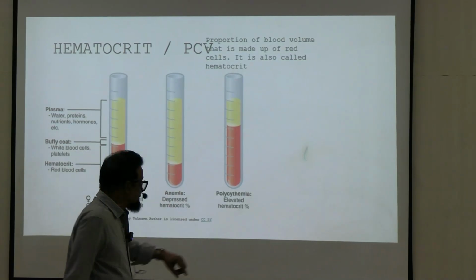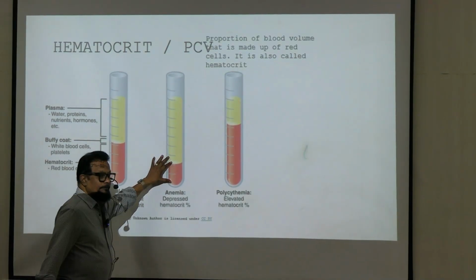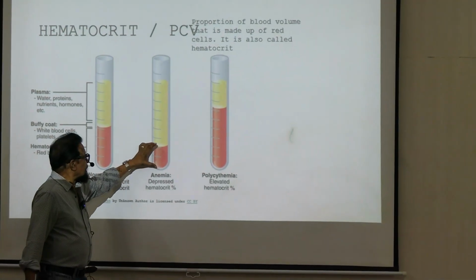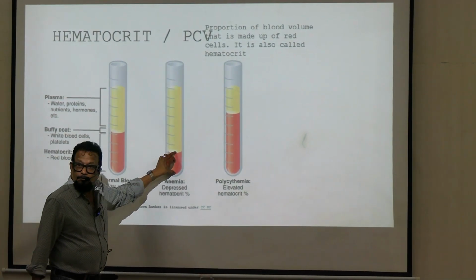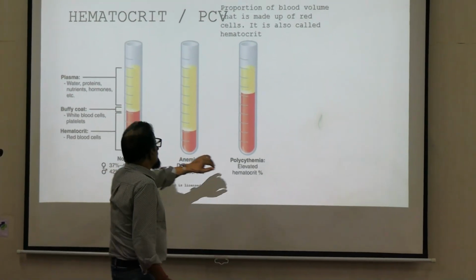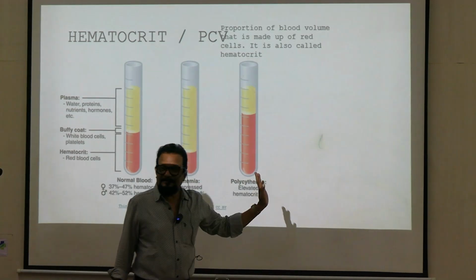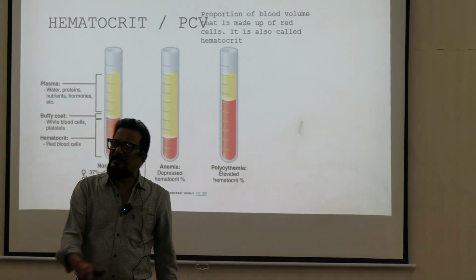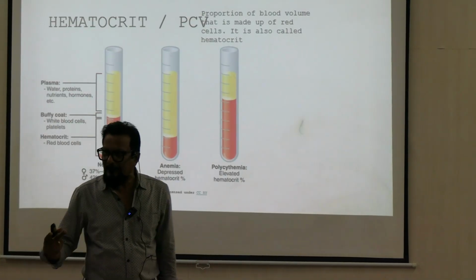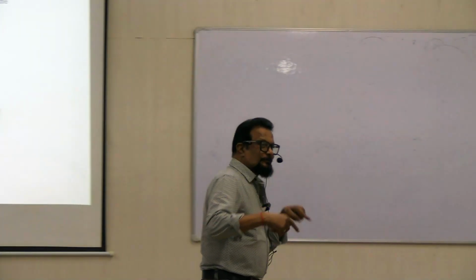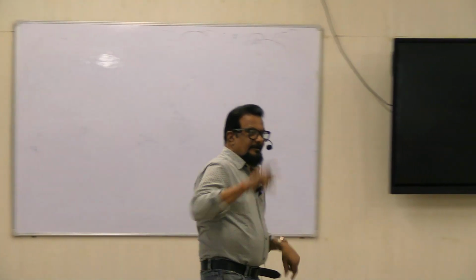You know it well? What is this? RBC? This RBC is less, no? In which condition is it seen? Anemia. Good. Here it is much more. In which condition is it seen? Polycythemia. If I take you to a high altitude, what will happen? You will feel hypoxia, and this will cause liberation of erythropoietin from your kidney.